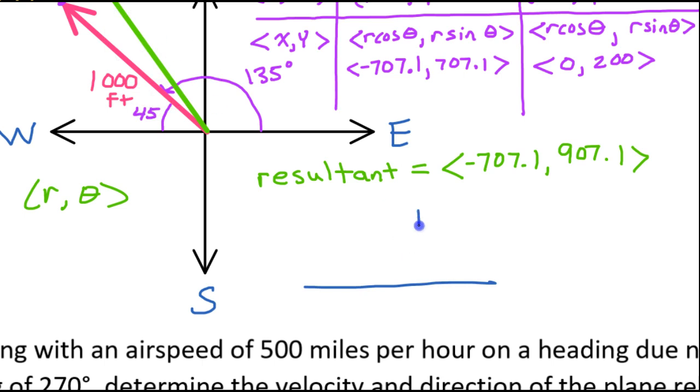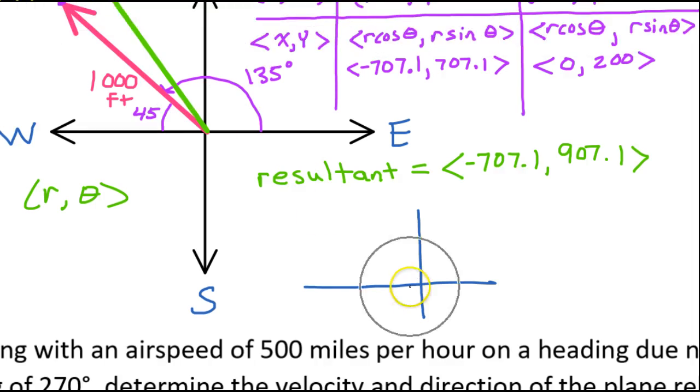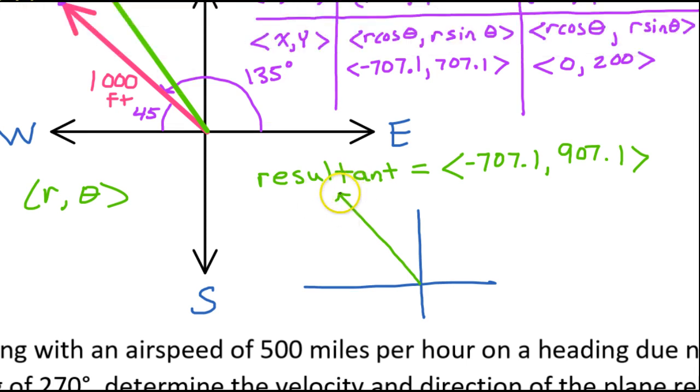So I'm sort of redrawing this diagram just with my resultant vector shown in a simple way. So here is my resultant vector that I'm trying to analyze. Okay, but now I'm going to break this down into the horizontal and vertical components.